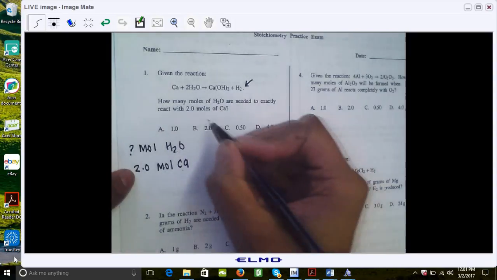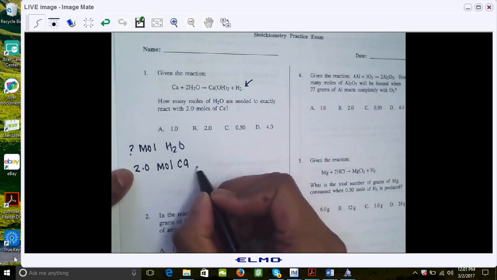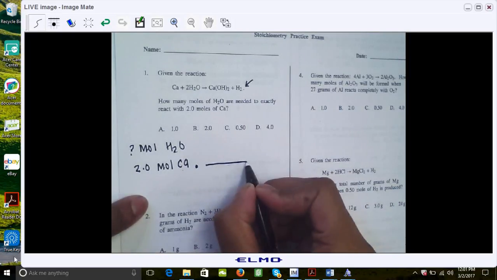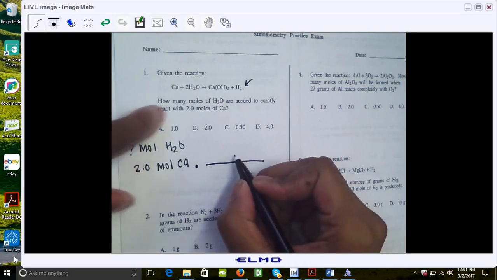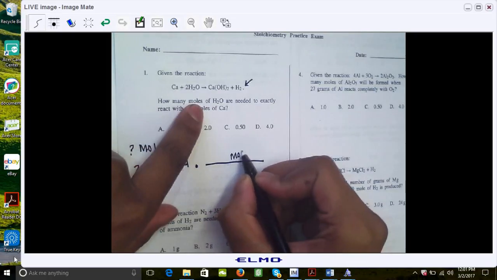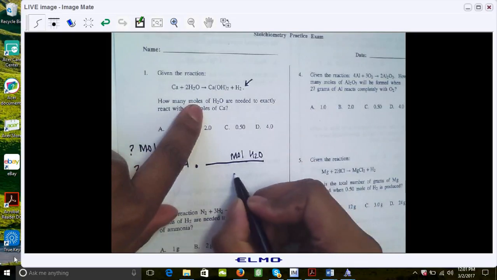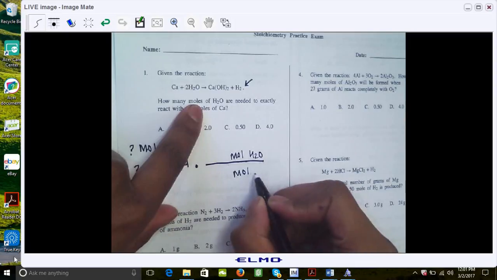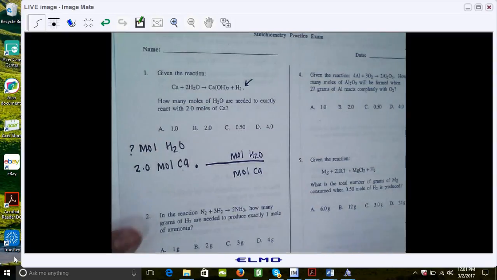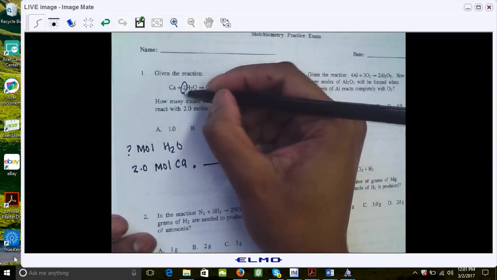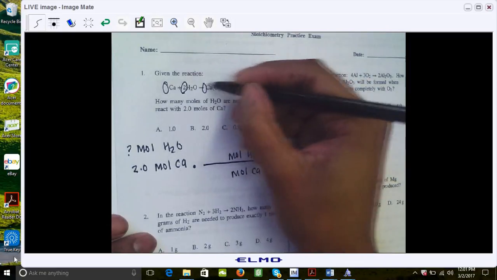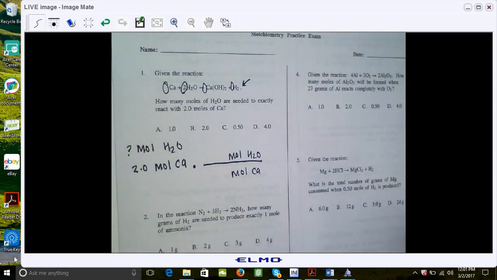So we always start with our given moles, and then we're going to multiply it by a mole ratio. And so we do the moles that they're asking for, the moles of H2O over the moles of Ca. So remember, the coefficients, the little numbers in front, tell us the ratio of moles. And that ratio is fixed and it does not change.